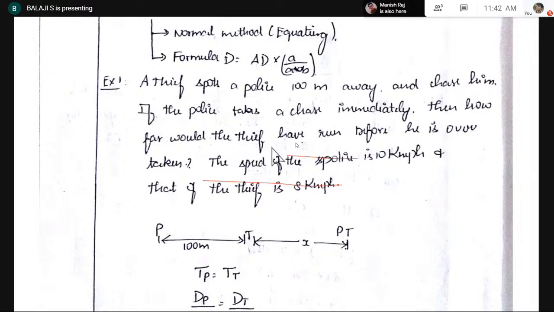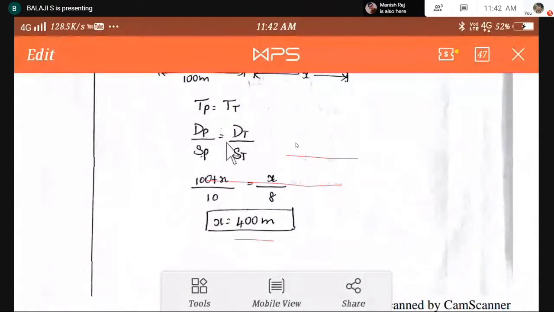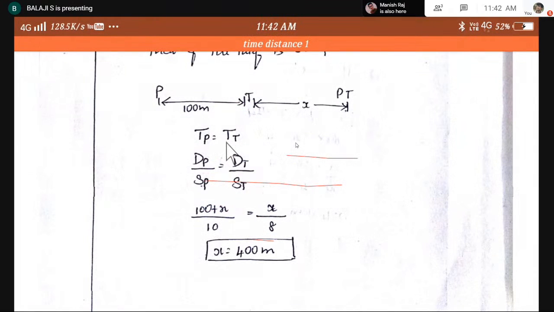If the question is on the police, that is, on the person who is chasing, we must calculate 100 plus x meters. For example, we have calculated x equal to 400, and we stop the answer here because the question is on the thief, not on the police. If the question is on the police, we must find the value of x as well as the total distance, that is 100 plus x. What is 100 plus 400? Which is 500 meters.